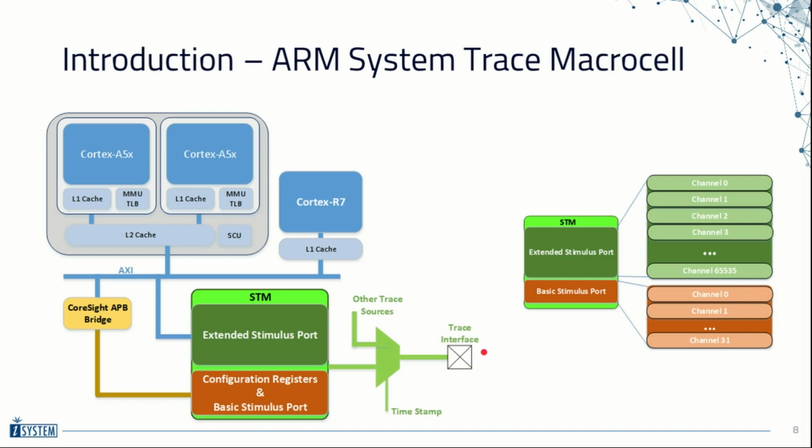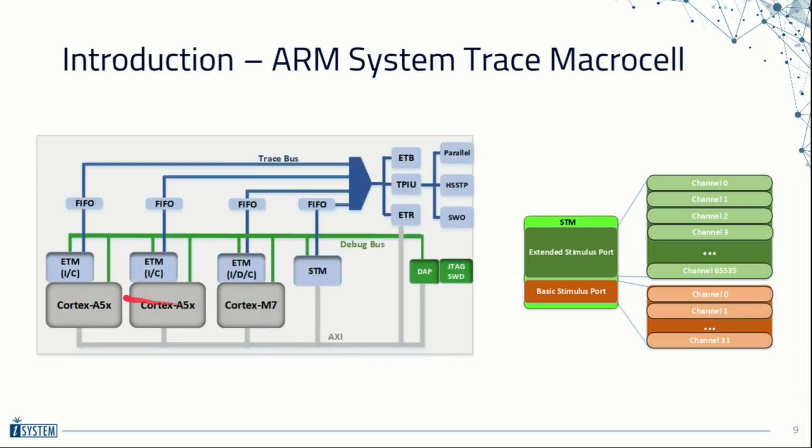Usually, all cores in an SoC have access to the STM stimulus ports. As you can see on this diagram, data writes over the AXI bus to the STM peripheral get merged with the rest of the trace data from ETM and other trace peripherals, and output through the trace interface.